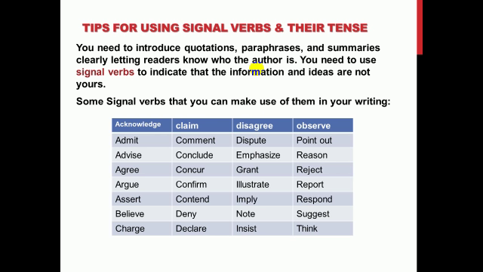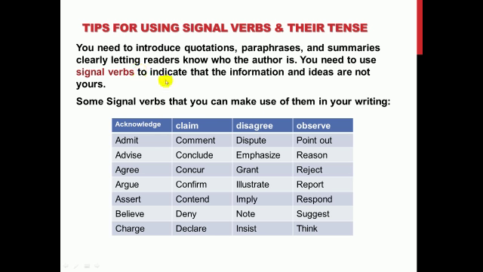that gives you flexibility in choosing the right verb. They want you to choose the right verb for each use. For example, you need to introduce quotations, paraphrases, and summaries, clearly letting readers know who the author is.